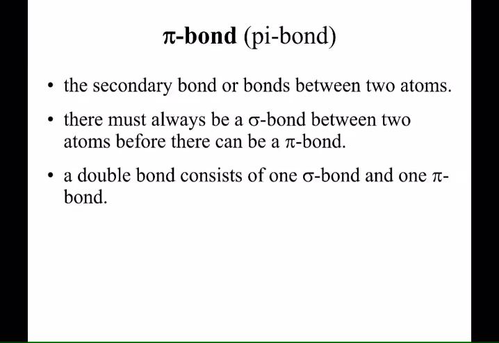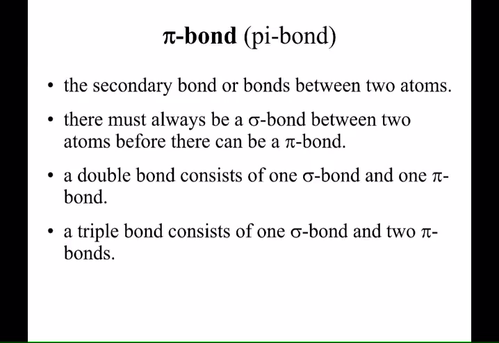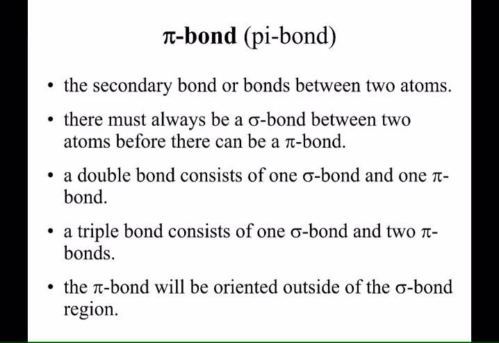So in a double bond, you have a sigma and a pi, and in a triple bond, you have one sigma bond and two pi bonds. I hope that works for you. You get double dessert. I have a figure coming up on the next slide to show you what this looks like.